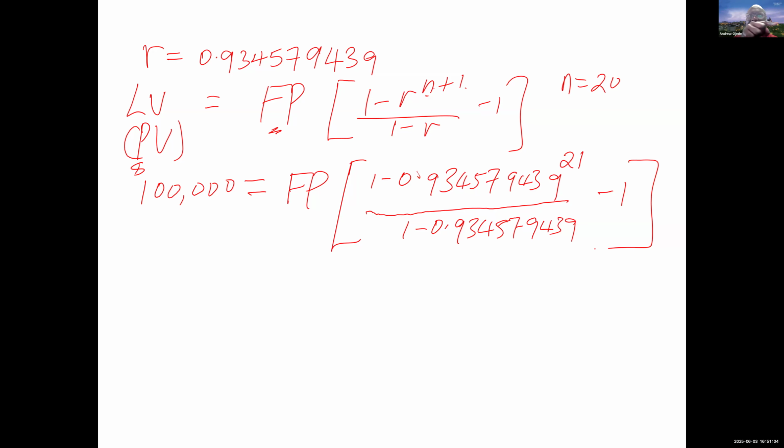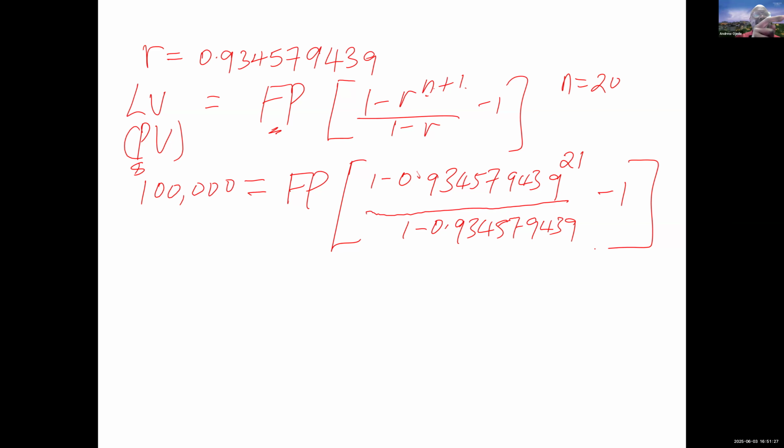So 1 minus, open bracket, enter that ugly number 0.934579439, close the bracket, then use the power button to raise it to the power 21, and enter.